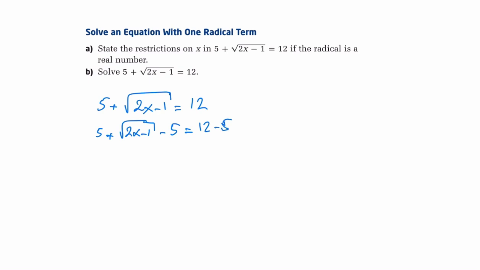So square root of 2x minus 1 is equal to 12 minus 5, which is 7.